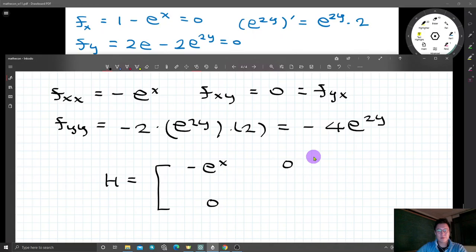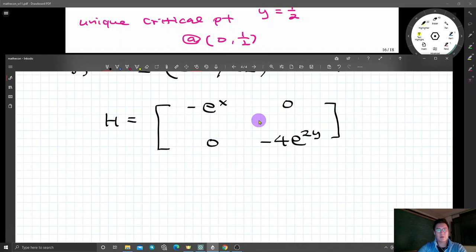So at the unique critical point, now we determine whether this matrix is positive or negative definite. The given function has a unique critical point, so we first evaluate the Hessian matrix at the given critical point.